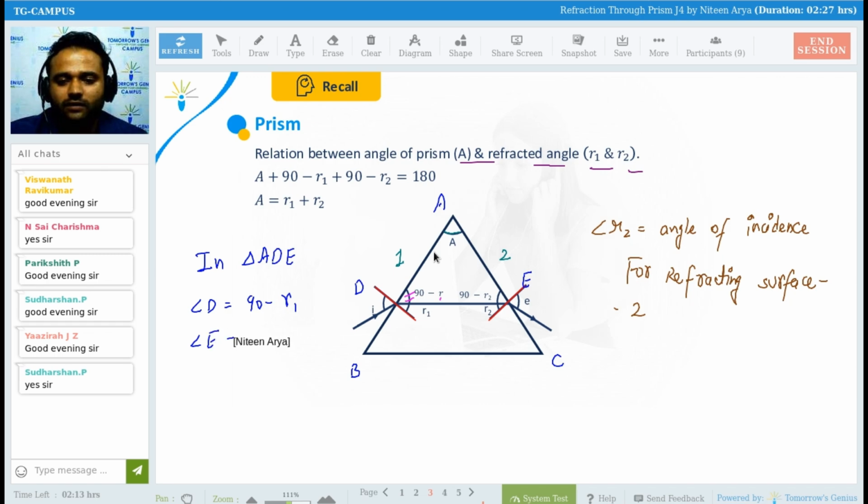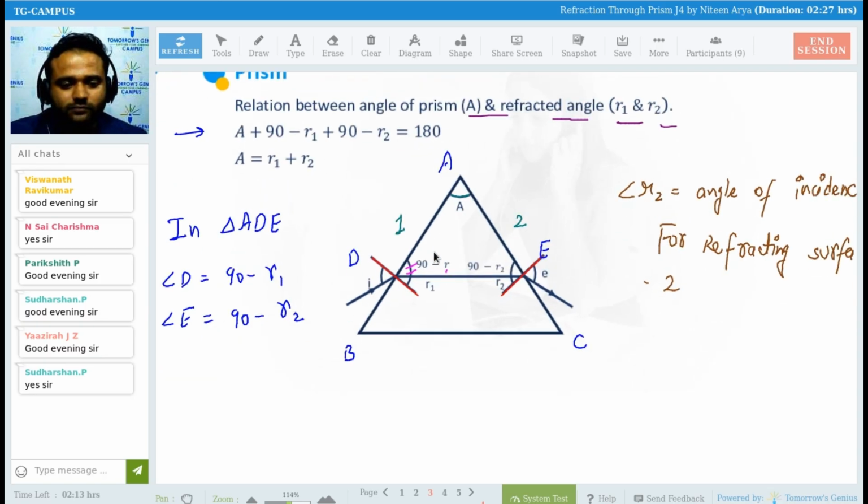Similarly, angle E is 90 minus R2. And we know in any triangle, the sum of all the angles is 180 degrees. Clear? Is this clear now?